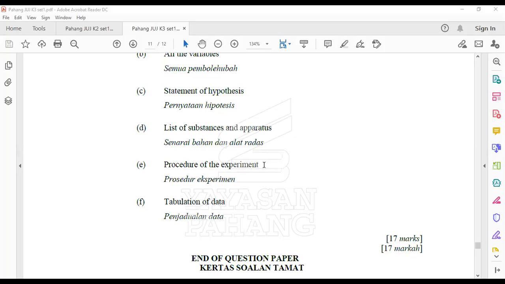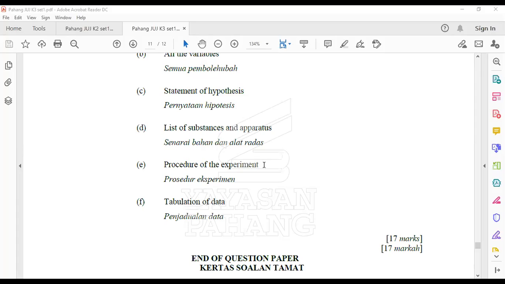Next, cover the polystyrene cup with its lid and stir the mixture using the thermometer continuously. I repeat, cover the polystyrene cup with its lid and stir the mixture using the thermometer continuously.